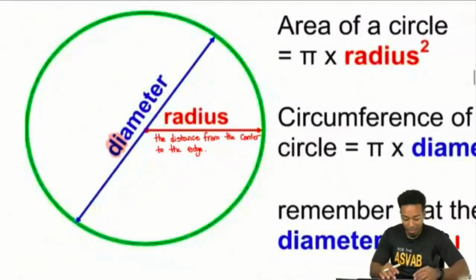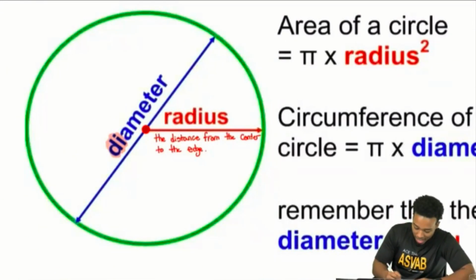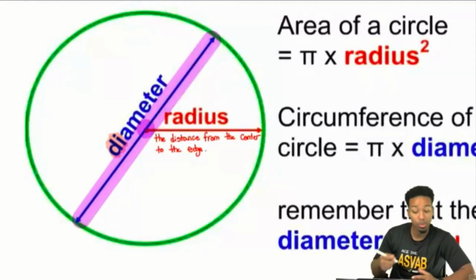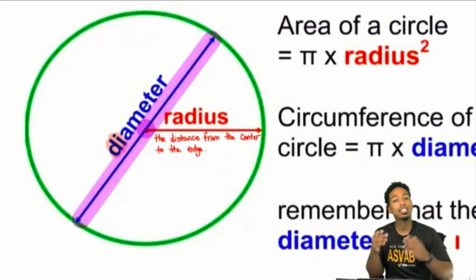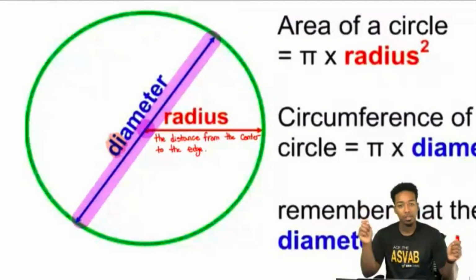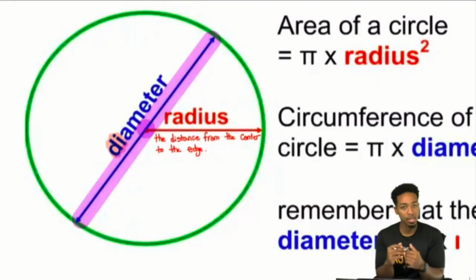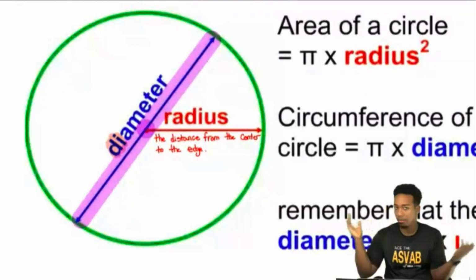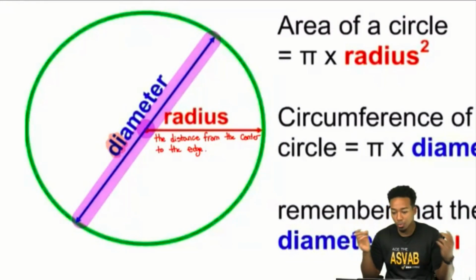So if you think about it, here's one of the radii, and then here's another. And that's what a diameter is. Basically, the diameter is going end to end on the circle. You just have to go through the middle. So diameter is double the radius, and you do that by going through the circle, through the middle. That's really it.